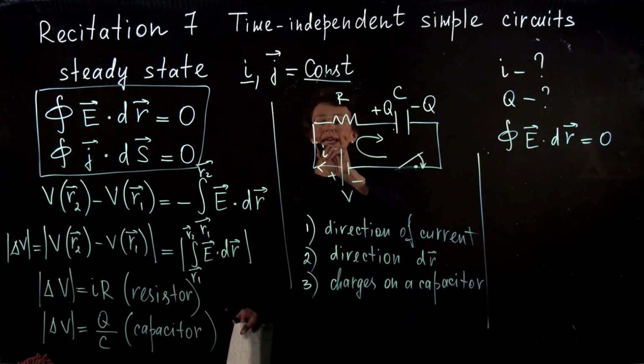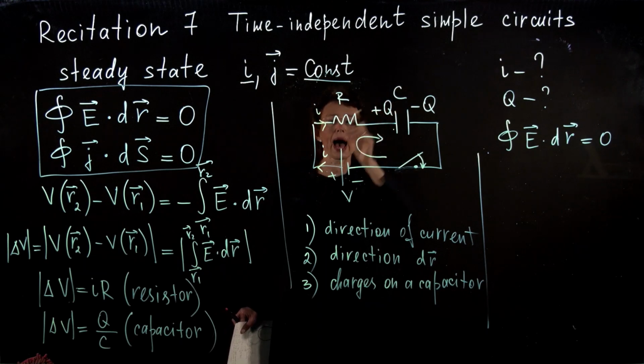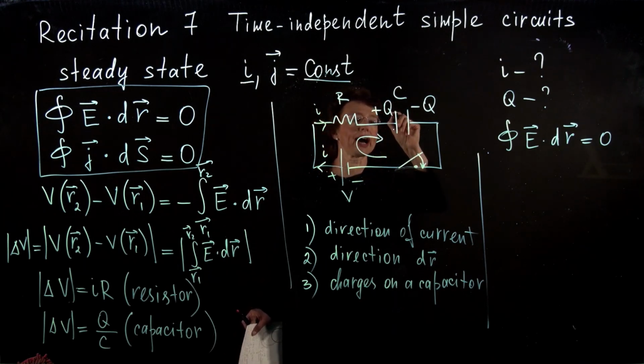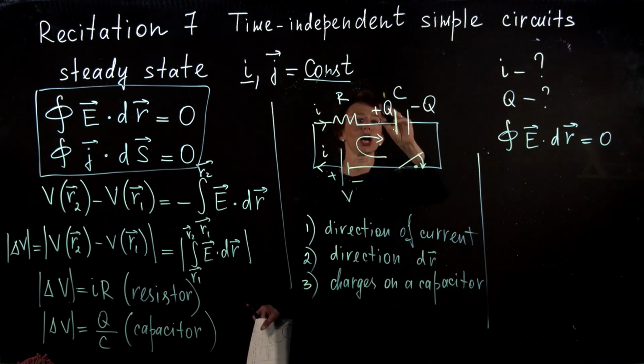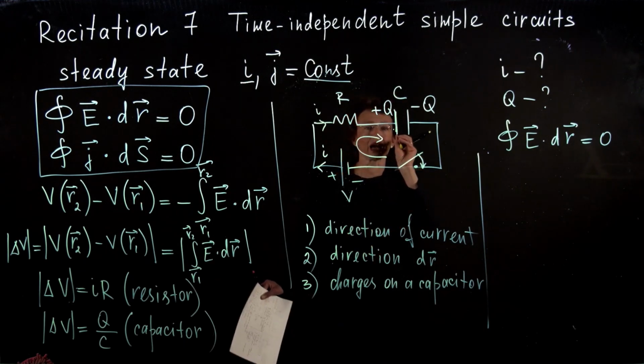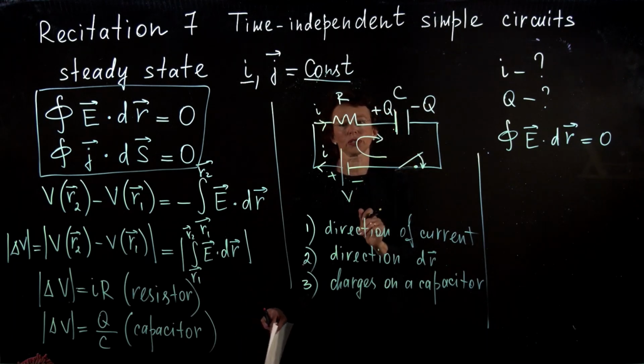And if I keep non-zero current, then what will happen? This current will be coming and coming and coming and will be charging and charging this capacitor. And eventually this charge will go to infinity. I will build infinitely large charge here, which is impossible.